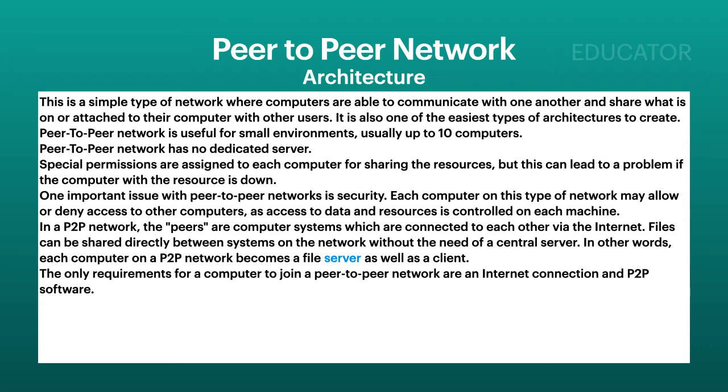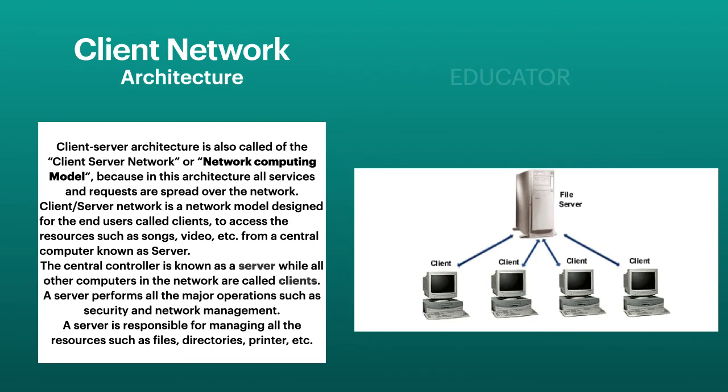Now we have to move on to the next important part, the second architecture. This is a very interesting architecture, called the client-server architecture, in which we have communication between multiple clients and one server.